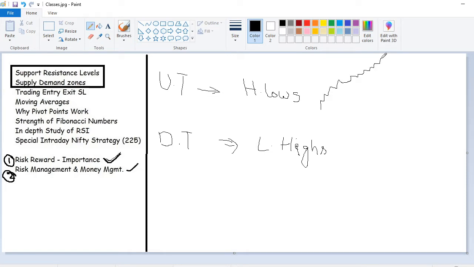So we need to find the support, whether the stock is going to fall or is going to climb up. So that's why we try to join these lows. Whenever you are drawing a trend line for the uptrend stock, it should be on the bottom level. It should be on the bottom. What does that mean?